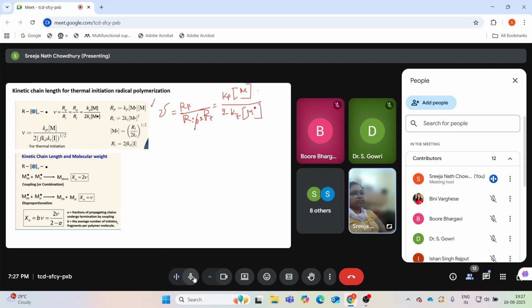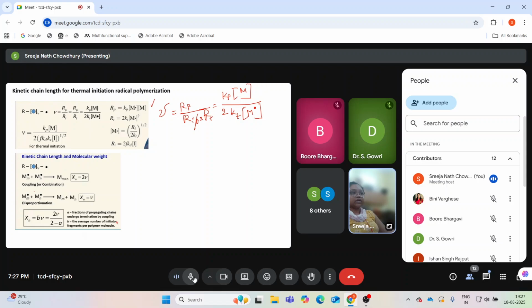For the thermal initiation radical polymerization reaction, the termination can be of two types. One is coupling or combination, another is disproportionation. If it is by coupling or combination, then Xn equals 2 nu, that is, two molecules are joined to form one.